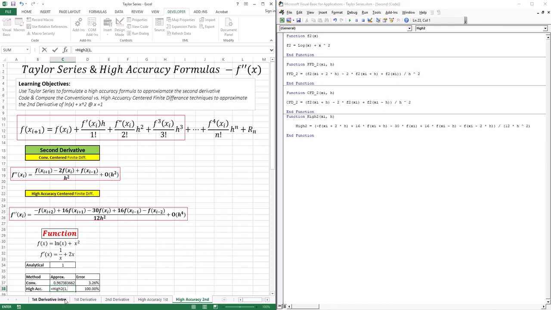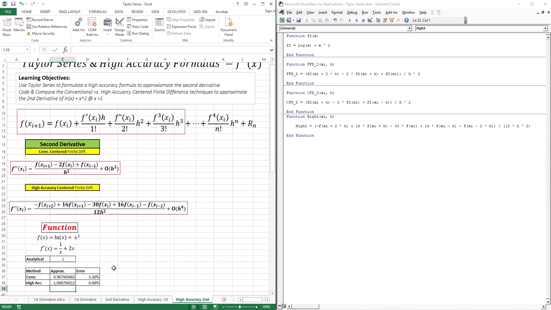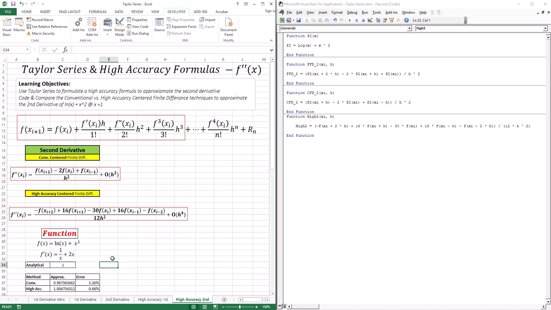So I have at x equal 1 and 0.25. If you remember, the second derivative at x equal 1 was 1, and dramatic improvement. So we went from 3.26% error to 0.68%. That is a dramatic drop in error. So you can see where the name of these formulas come from, the high accuracy finite difference formulas.